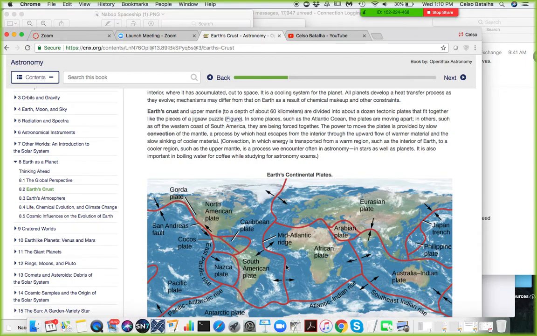Also, the oceans are covering a floor that is relatively young, no more than 200, 300 million years. And the reason for that is in the middle of the oceans, Atlantic, Indian, Pacific, and Arctic, there is a system of rift valleys, which indicate two plates parting from one another.